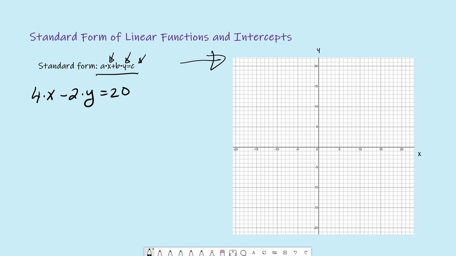So what are the intercepts of a linear function, or really any function? An intercept is where the graph of the function crosses one of the axes. It can cross the x-axis, or it can cross the y-axis, or it can cross both.